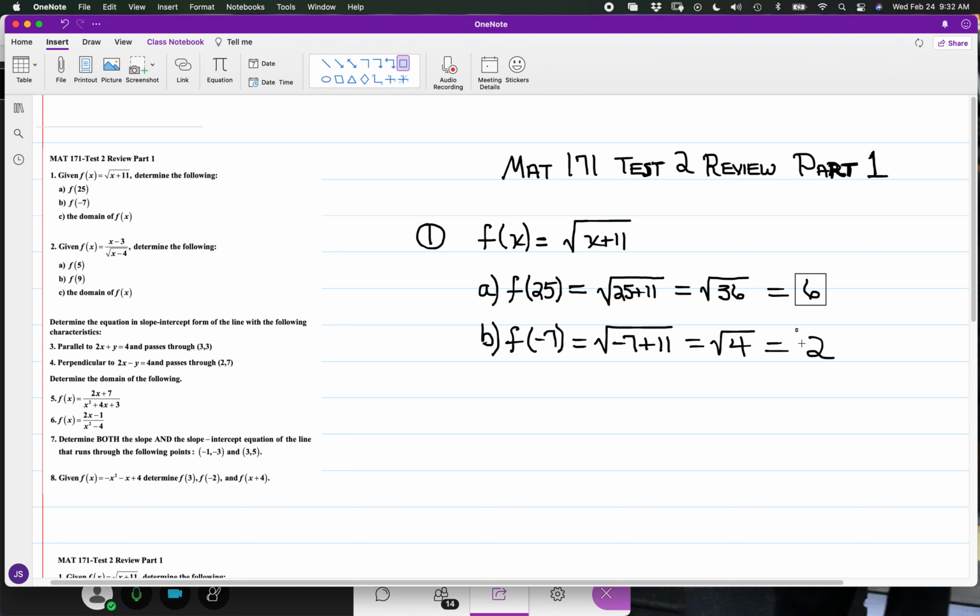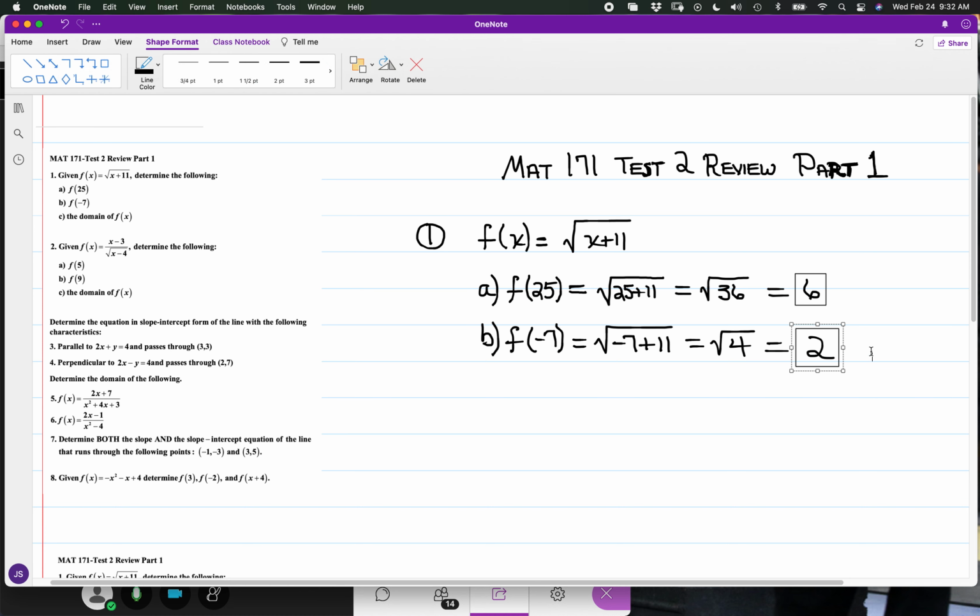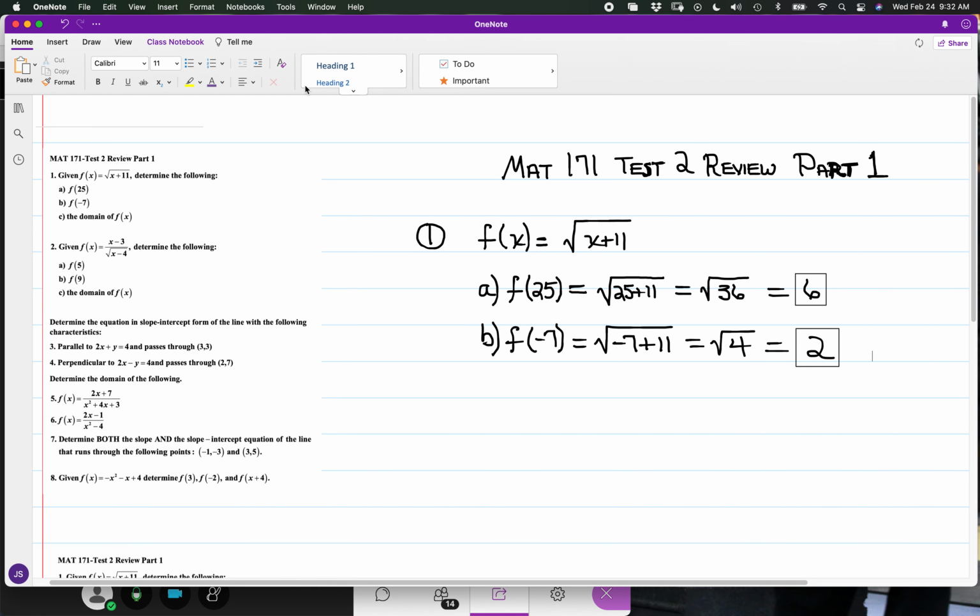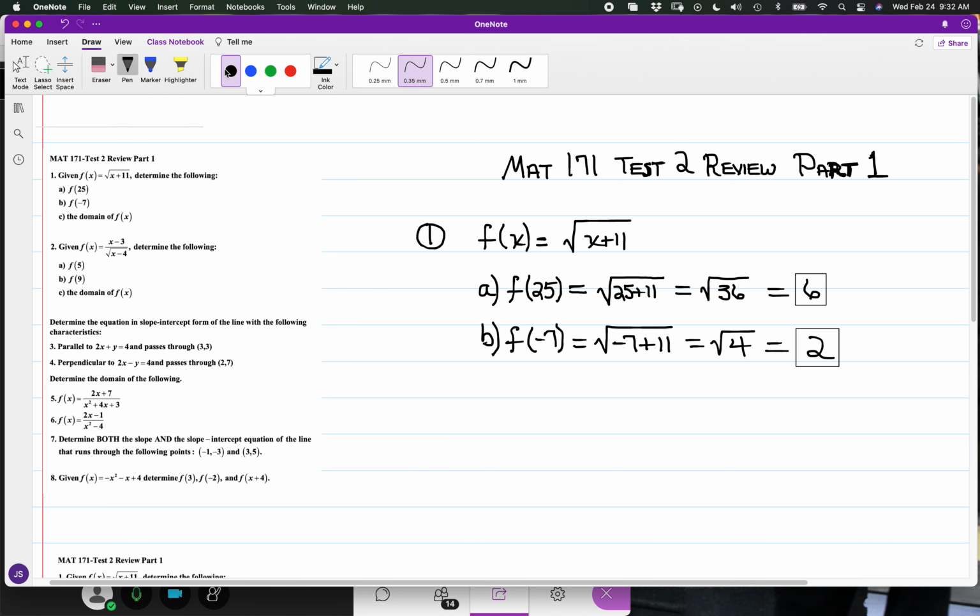Now, concerning the domain of this particular function, again we have f of x equal to the square root of x plus 11. We have the function given as an even root radical.